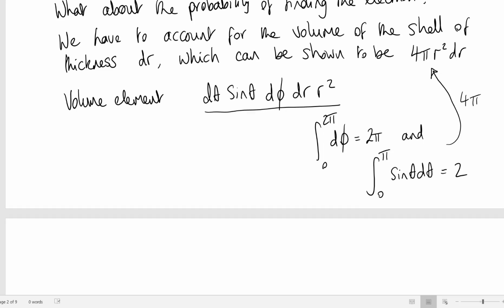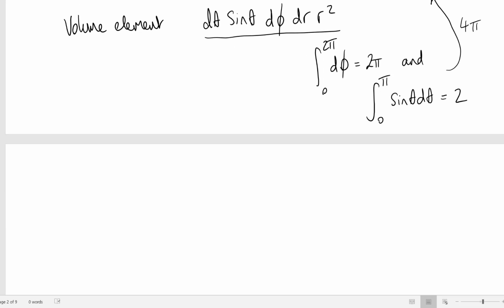Normalization will come into play later on, and that's why we'll find that the Y00 part for the 1s orbital, for example, is simply equal to 1 over the square root of 4 pi. So we'll come to that later, where indeed there is no angular dependence for the 1s orbital.